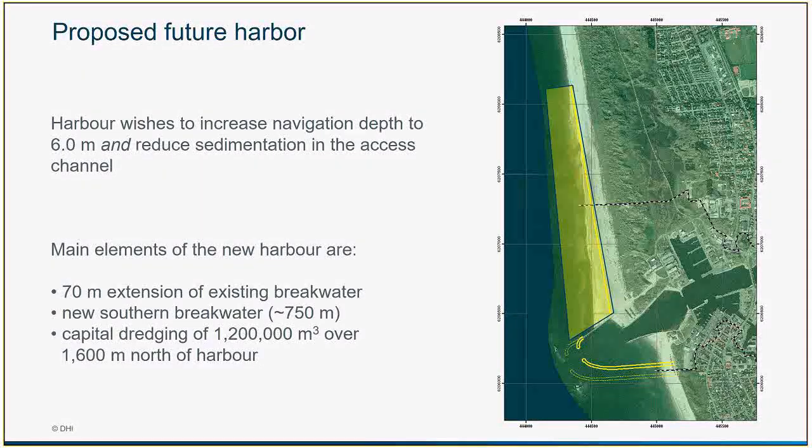Moreover, on top of these structures, we propose to dredge a lot of the sand that had accumulated updrift of the harbor. And the idea behind this capital dredging was to make sure that we have sediment transport on the outer bar.